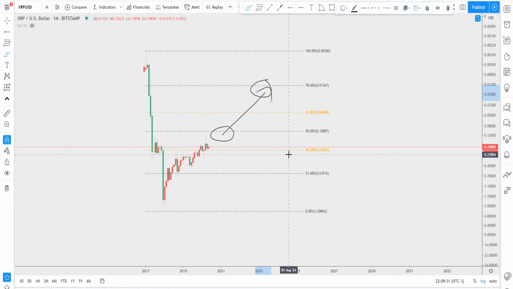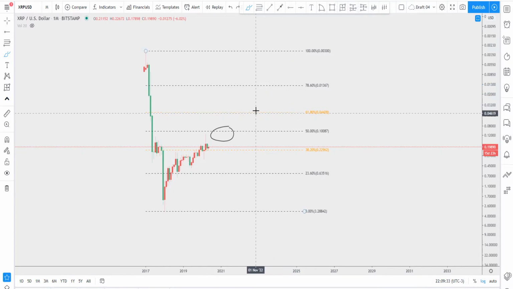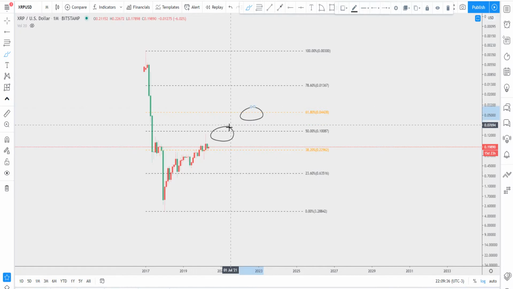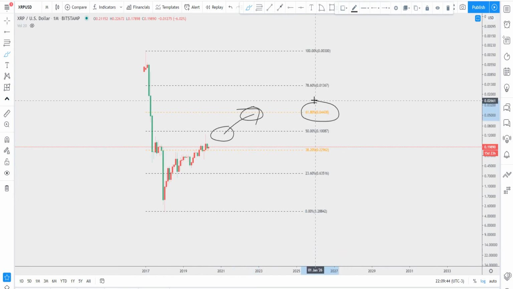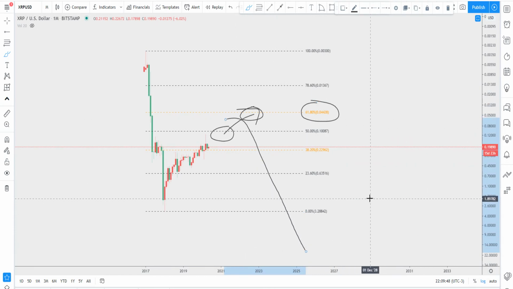We know in a bull run it is very common to see a retrace to the golden mean before going up again or going down.